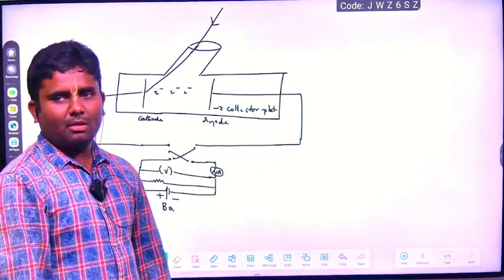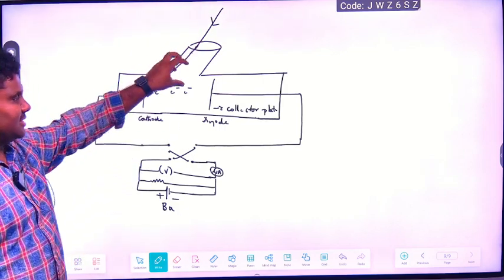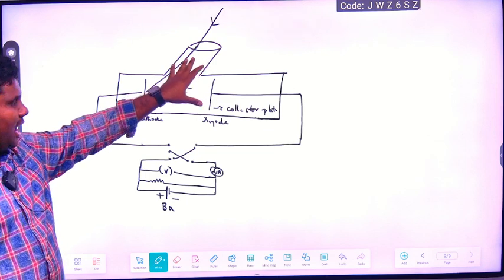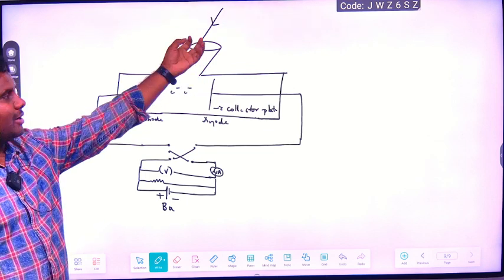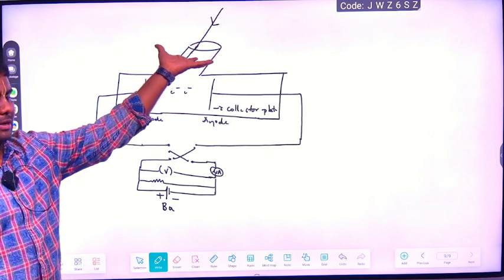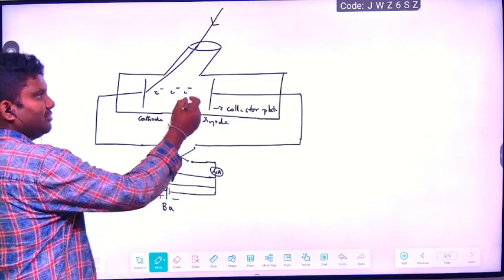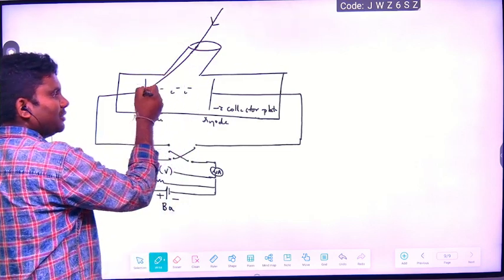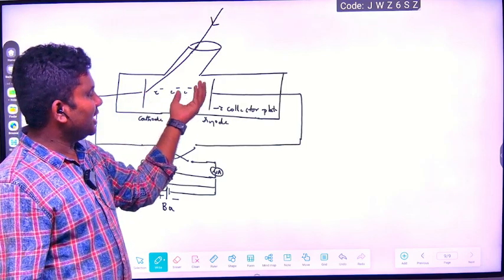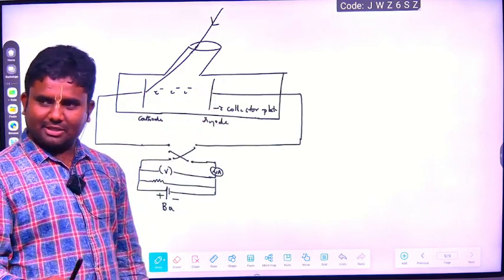A suitable frequency of light rays enters through this quartz window. The window suitably selects the proper light rays and passes them through, and they fall on the metal surface. So electrons will come out, and the anode will collect them.